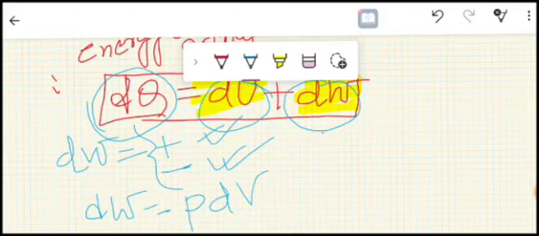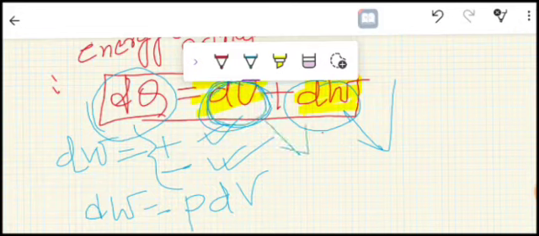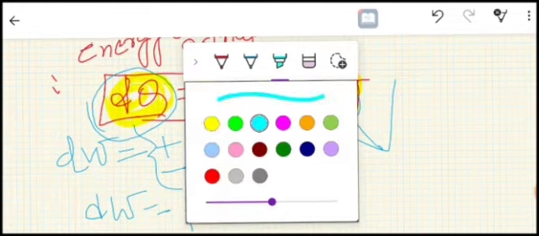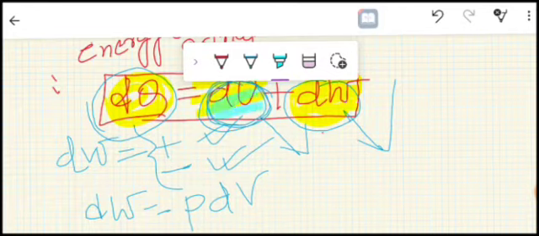The dW is path variable, dq is also path variable, whereas dU is the state variable. So we say that dW is the path variable, dq is the path variable, and dU is the state variable.